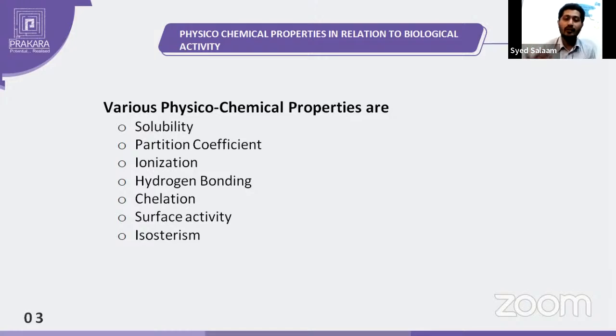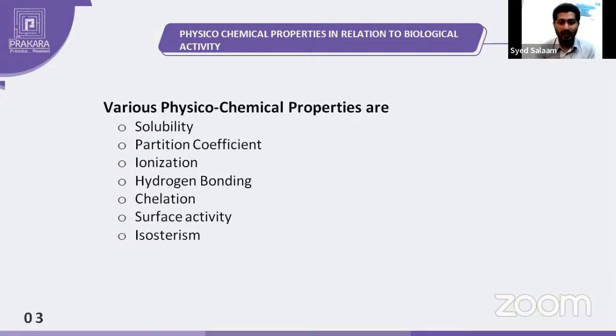Then ionization: what is the charge of the molecule, whether it has a positive or negative charge, and how much charge it shows while binding the receptors, because there are different types of receptors present in our body, like ion gated channels, G protein coupled receptors, sodium gated channels. So where our drug is going to act, we need to keep in mind its ionization property.